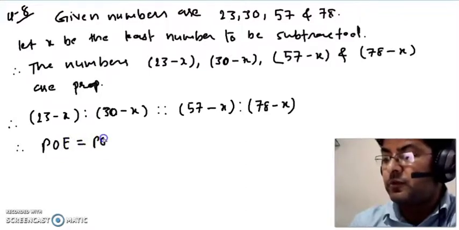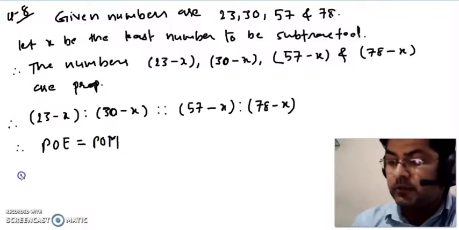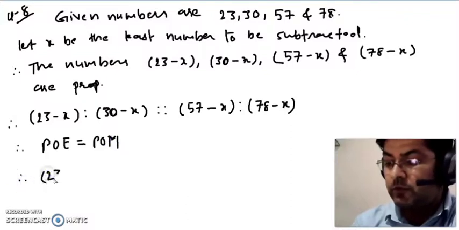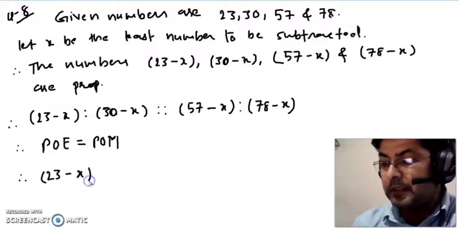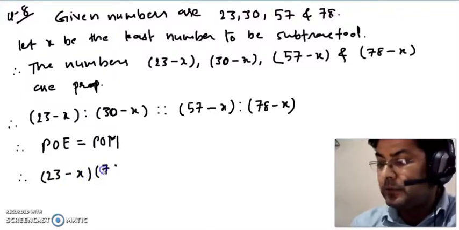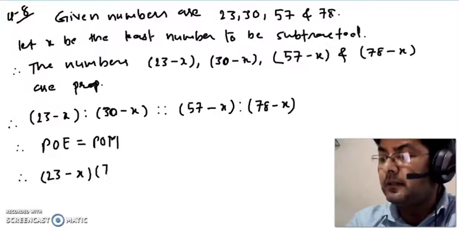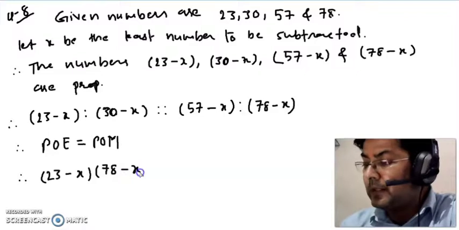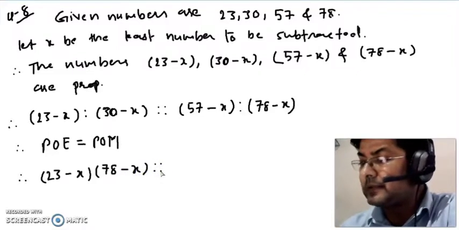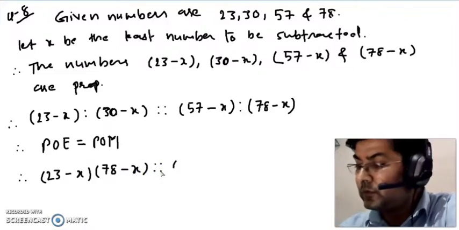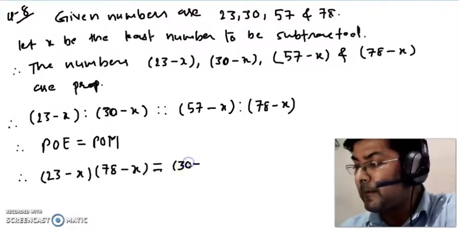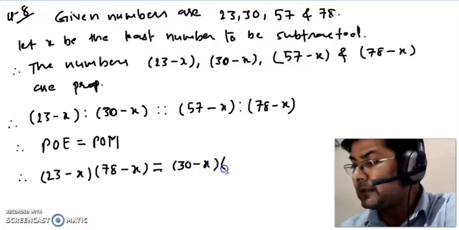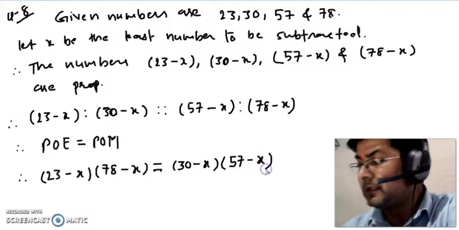So we have 23 minus x into 78 minus x is equal to 30 minus x into 57 minus x.